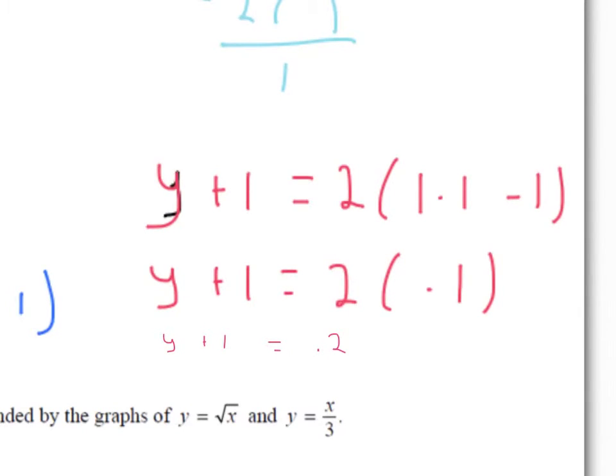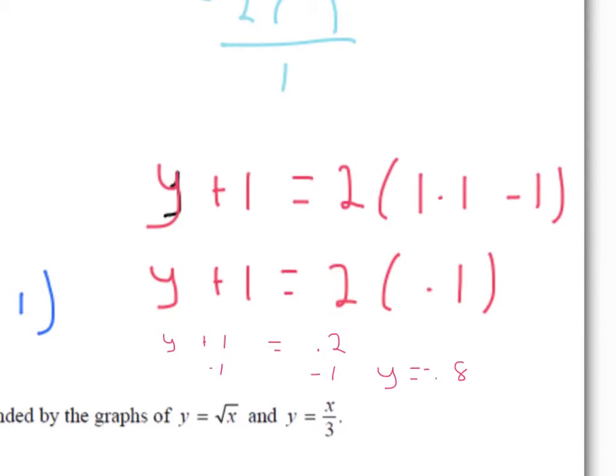We're just going to move that decimal point over 1. And then when we subtract 1 from both sides, y is equal to negative 0.8, sorry. Okay, so there's the approximate value of y.